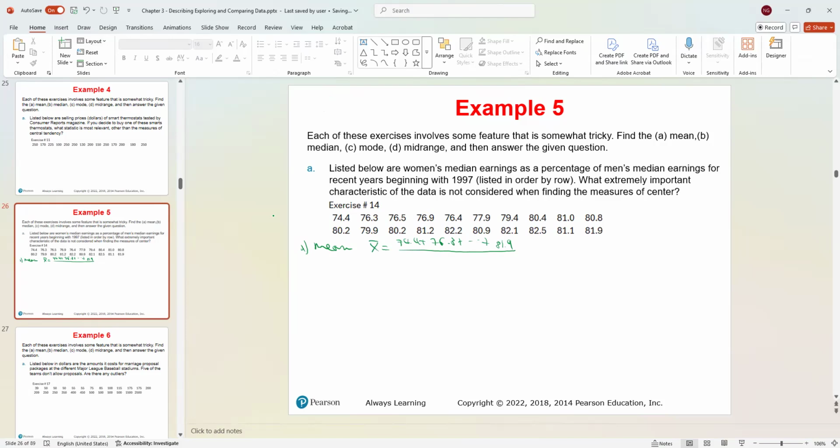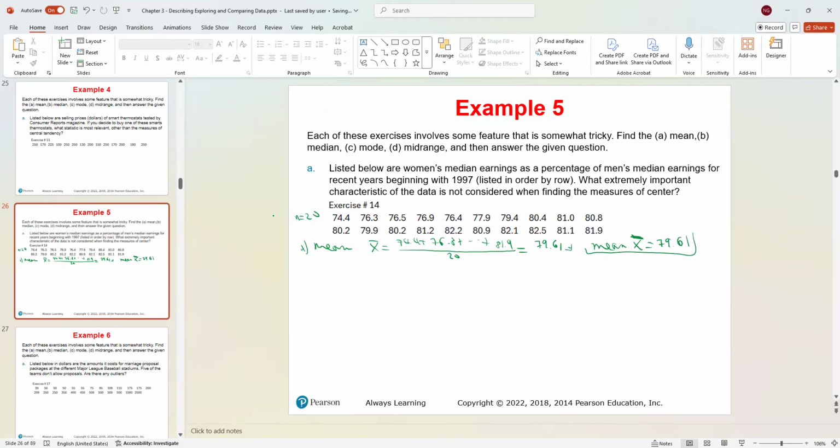It is 20, so n here is 20. We're going to divide by 20. Doing this, when you add everything and divide, it would give you 79.61. Okay, so that would be the mean. So mean, X bar, it's really X bar, right?